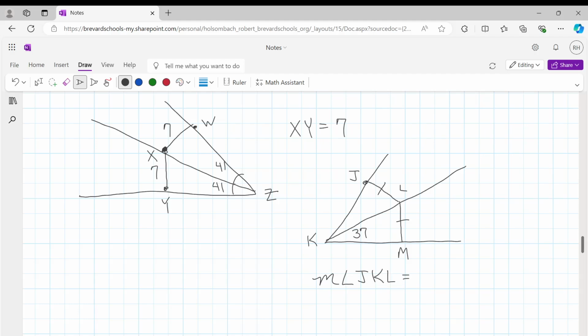So if we go from J to K and back up to L, well, we have point L that is equidistant from both sides of the angle. If a point is equal distance from the sides of the angle, then it's on the angle bisector. So if KL is an angle bisector, these two angles are congruent. So what's the measure of angle JKL? Good, 37 degrees. Those two angles are congruent to each other.